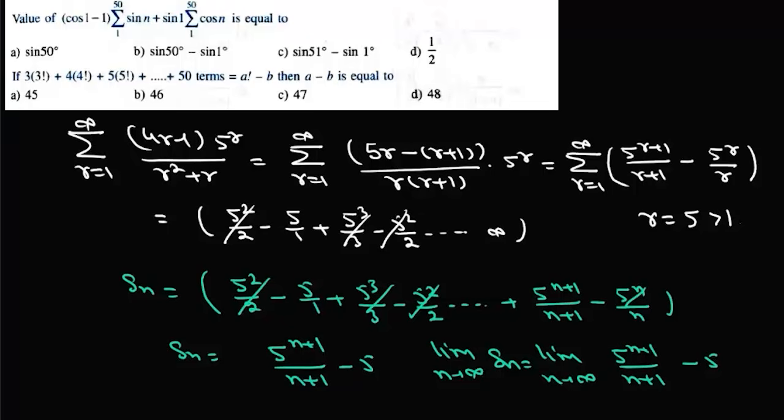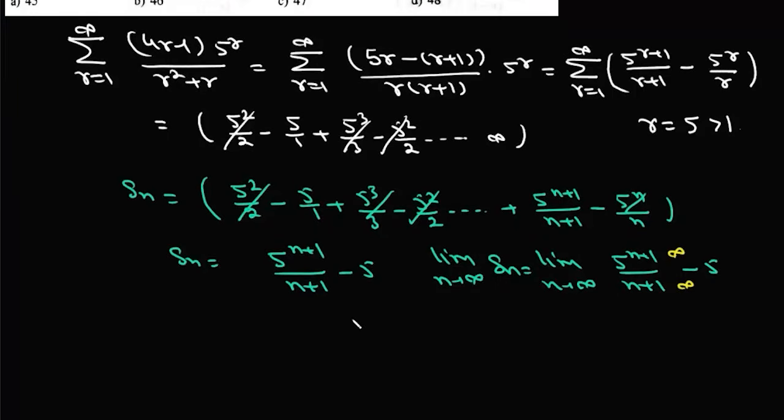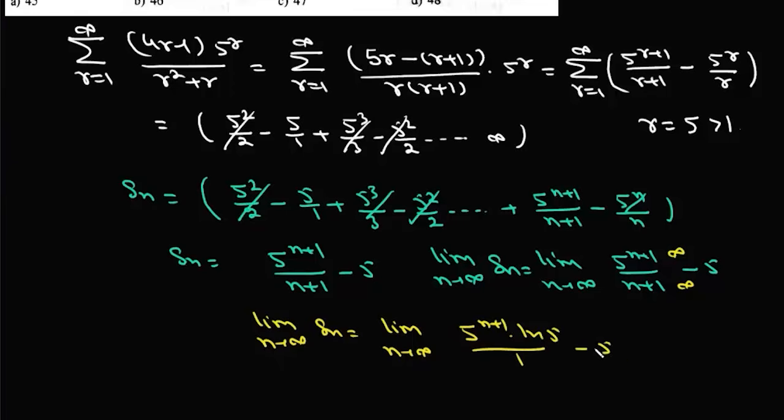Now this is infinity upon infinity form. We can use L'Hopital's rule. So we can write the limit n tends to infinite Sn as the limit n tends to infinite of 5 to the power n plus 1 ln 5 upon 1 minus 5.